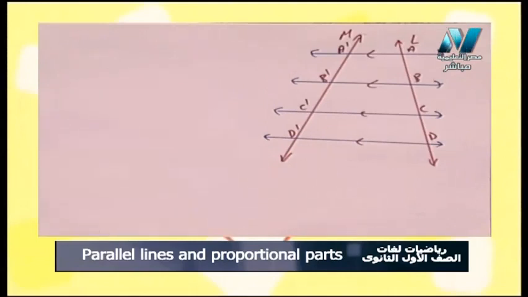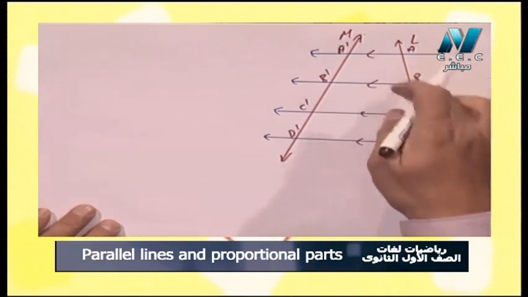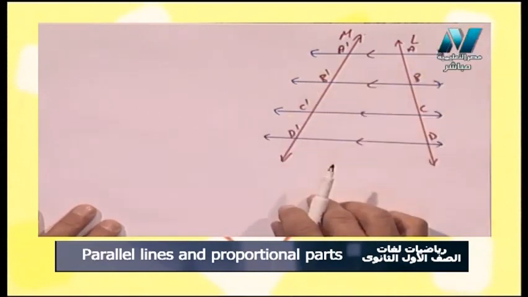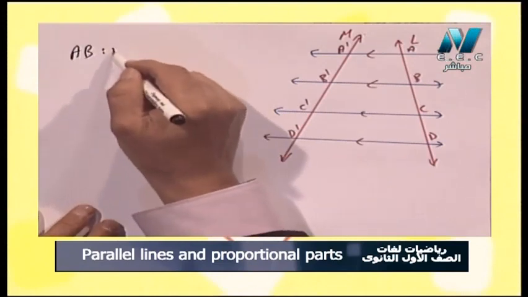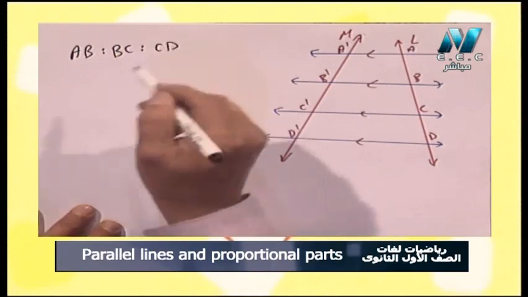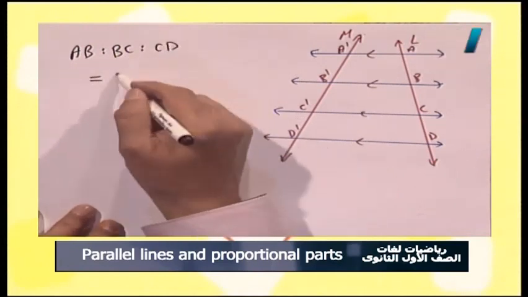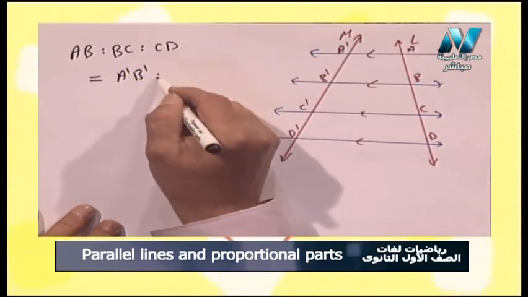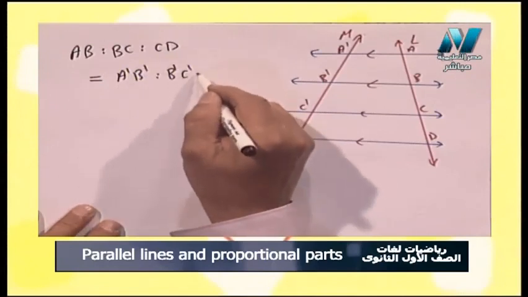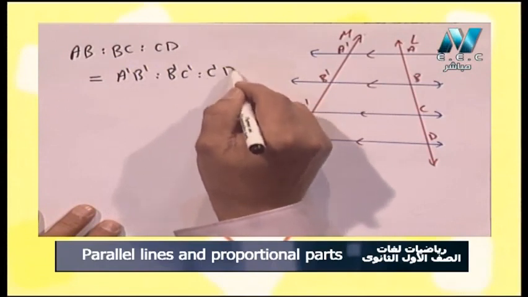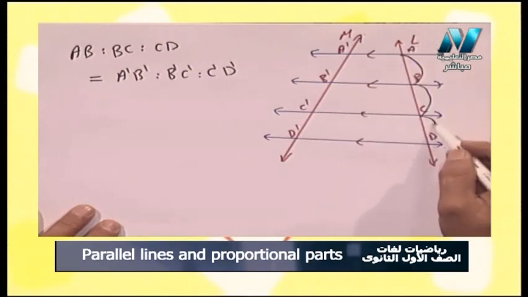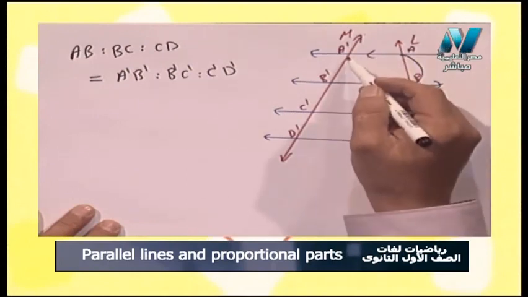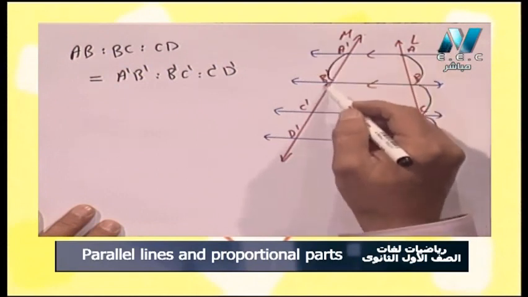And the theorem of Thales was, if we have something like that, the ratio AB to BC to CD will be equal to the ratio A dash B dash to B dash C dash to C dash D dash. So the ratio between this one to this one to this one will be equal the ratio of this part to this part to this part.